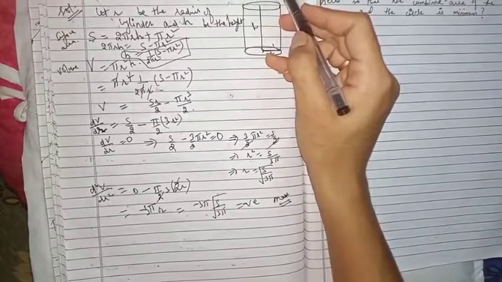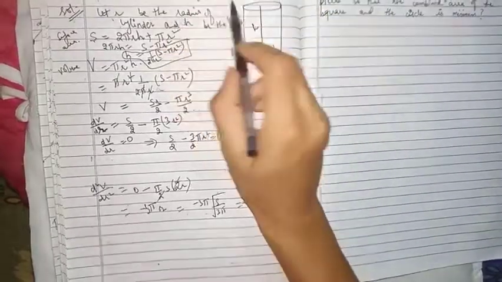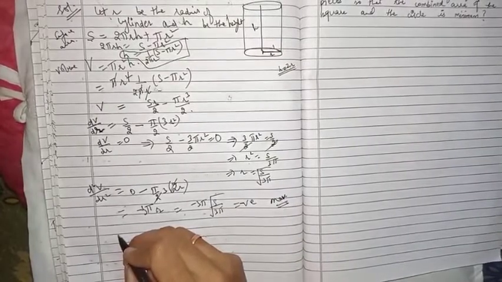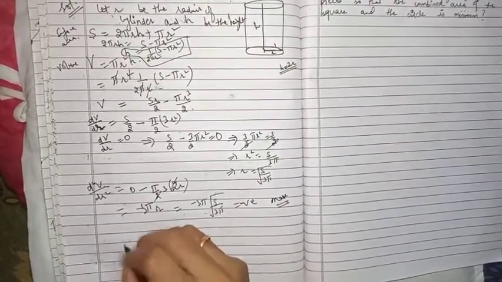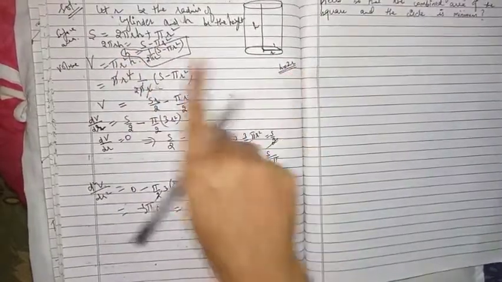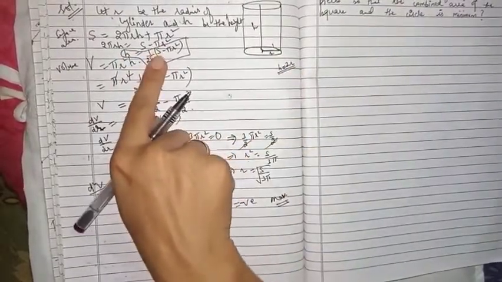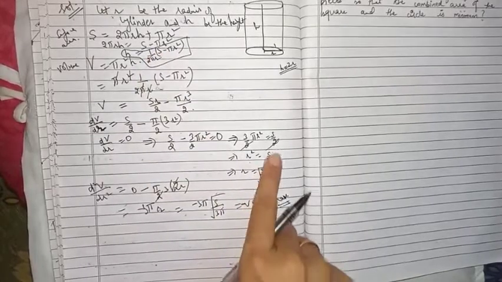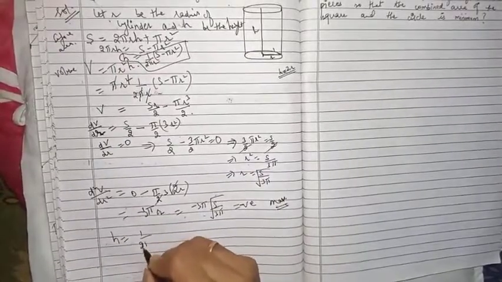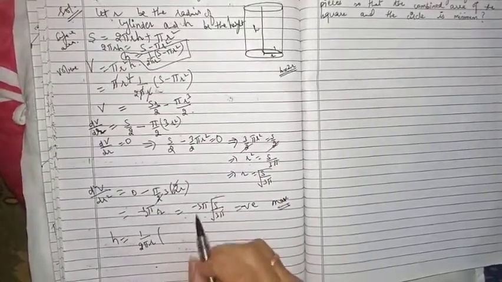Now we need to prove the height is equal to the diameter of the base. That means I need to find h is equal to 2r. So I will put the value of S equal to 3 pi r square here. h is equal to 1 over 2 pi r times S minus pi r square.